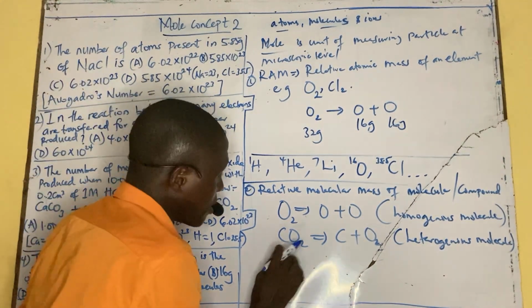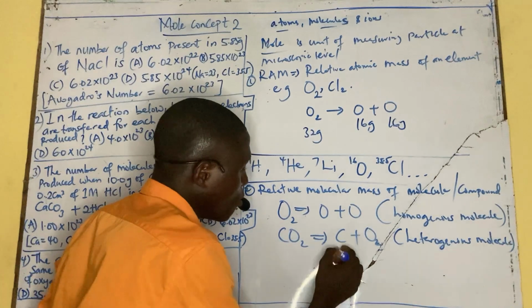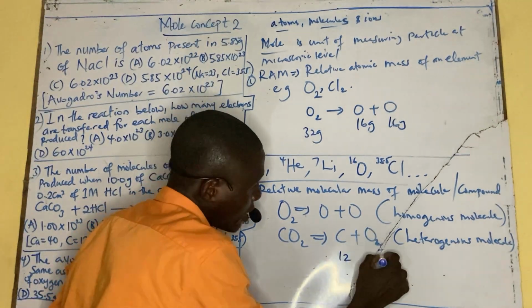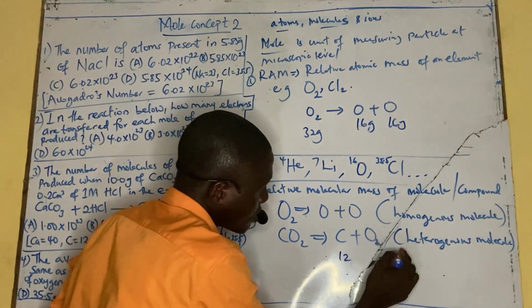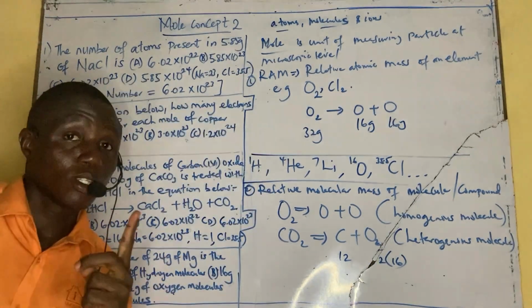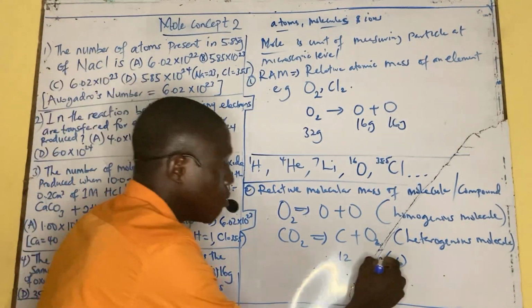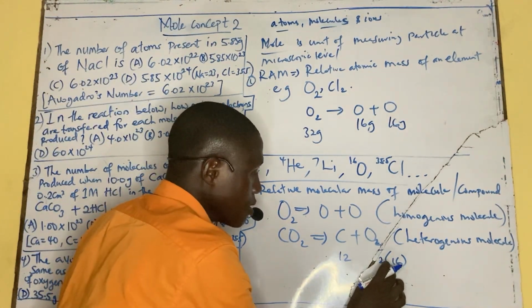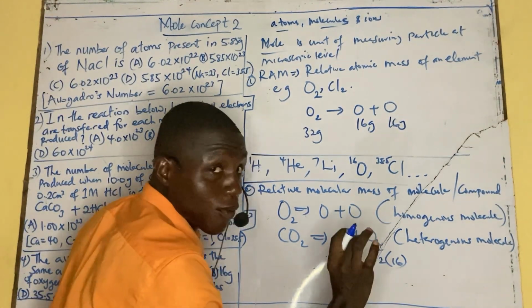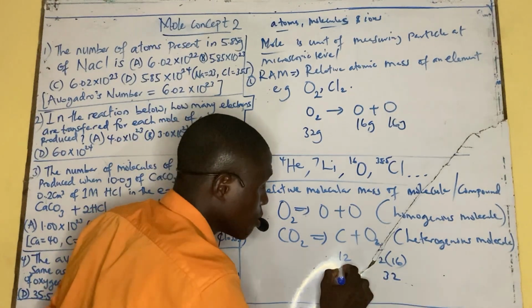So, if I want to calculate the relative molecular mass of carbon 4 oxide, it will be: this is 12, and this is 2 in brackets, 16. Because 1 oxygen is 16, so 2 times 16 will give me 32. And this one will give me 12.